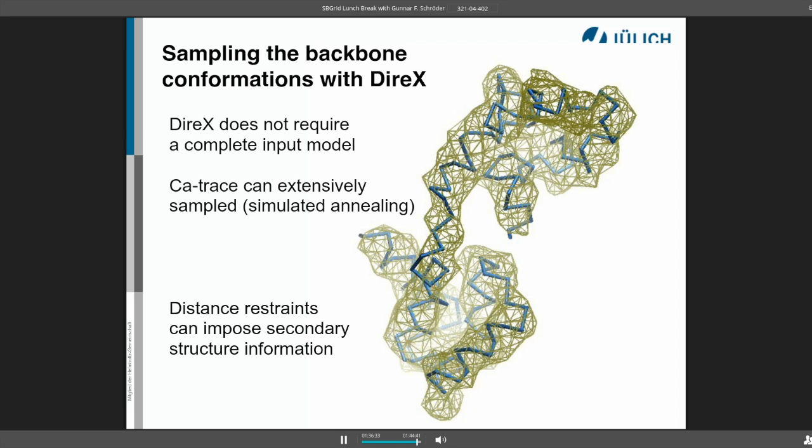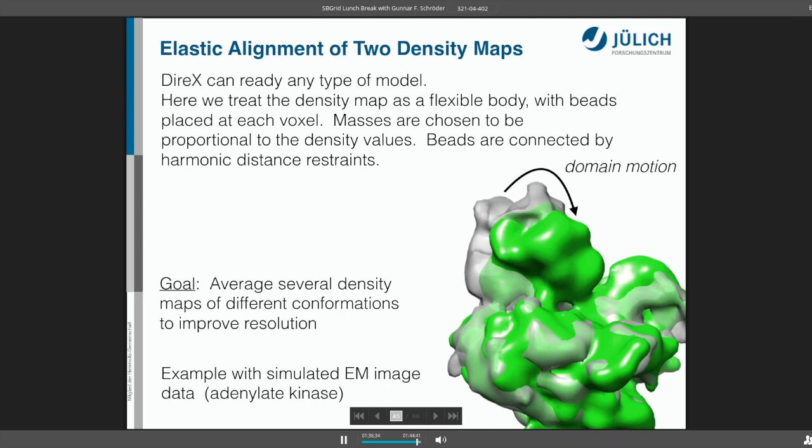And another thing, this is the last point that I want to show you. Because DireX can read so many different types of models, we thought we would treat the entire density map as a model that we refine in DireX. The goal here is an elastic alignment of two density maps.